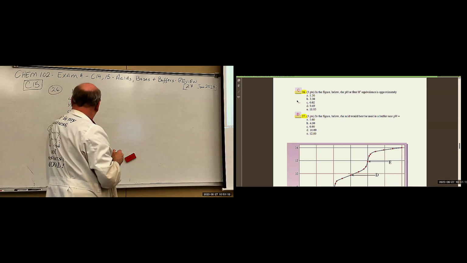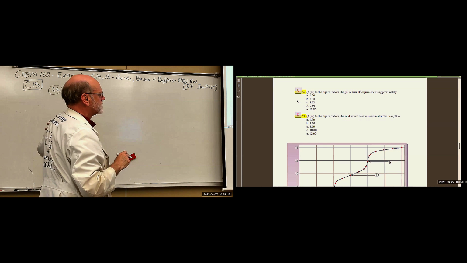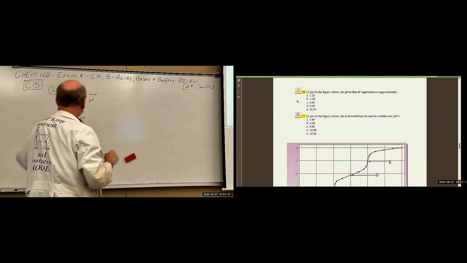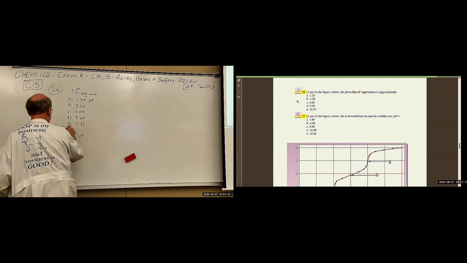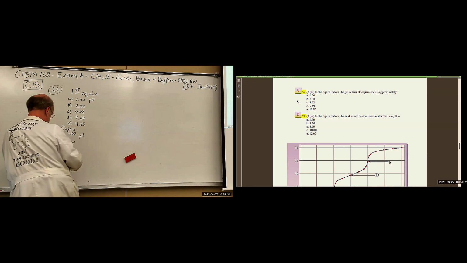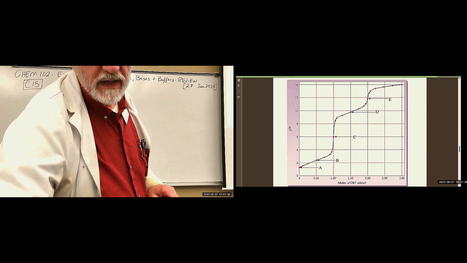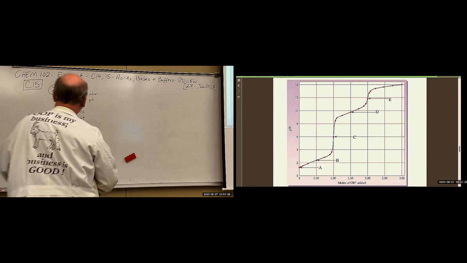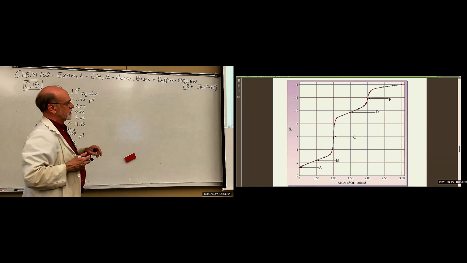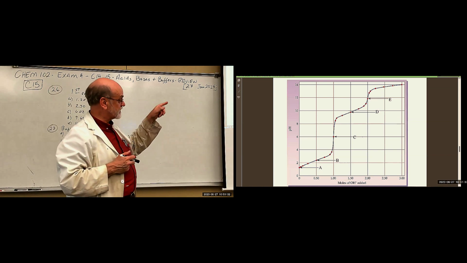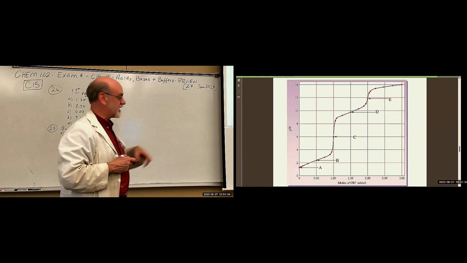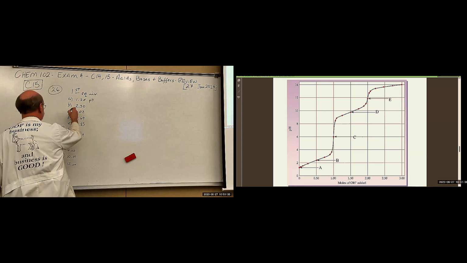Okay. So let's see, 27 was best buffer. Okay, now let's go back down to the figure and answer this question. Which one would be the best first equivalence? First equivalence occurs at C, which is pH 6. This would be the best.